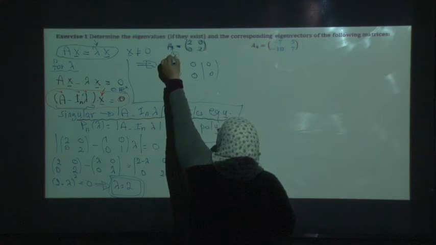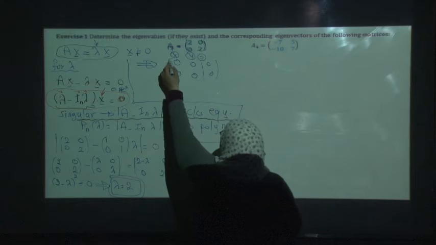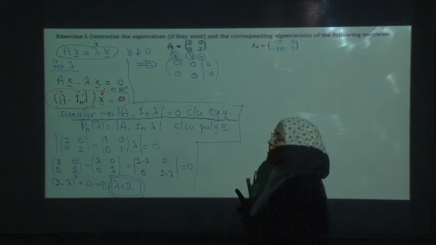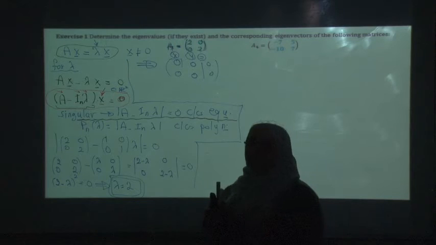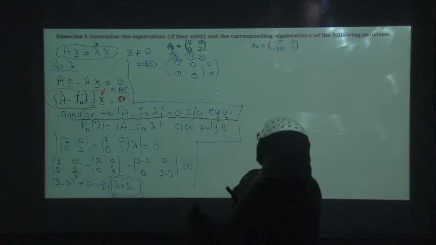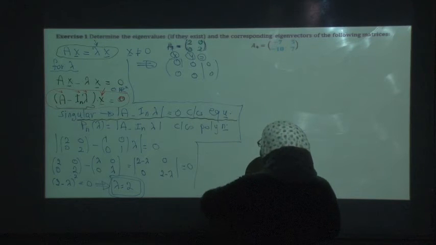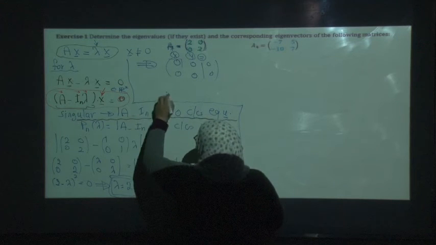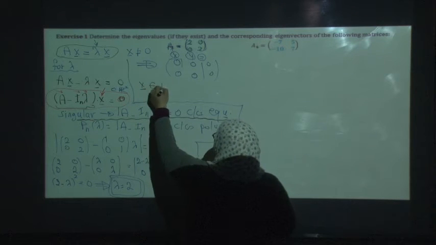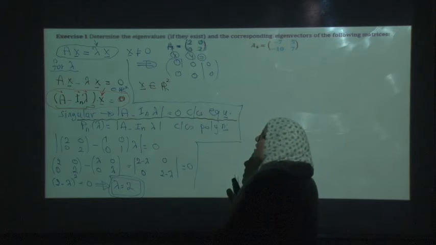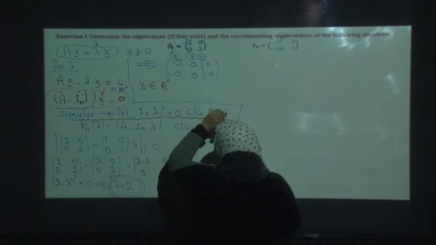If we were looking for x, y, the diagonal element of x is 0, so there is no pivot, and it's not a fundamental variable for the system anymore, and y as well. And this means that the eigenvector, if we called it x, belongs to all of R2. It can be any vector in R2.